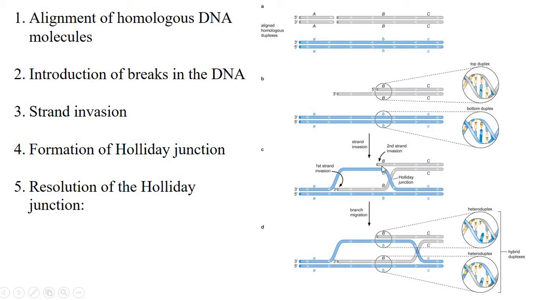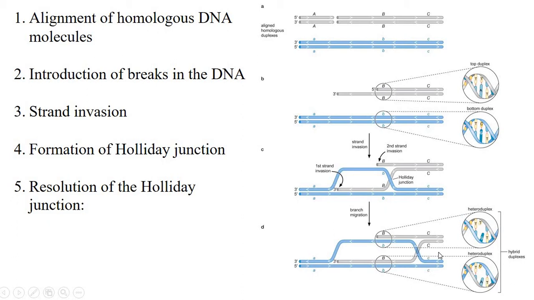Once this is formed, the DNA polymerase will fix this portion, using this DNA molecule as a template. Then, during resolution, the Holliday junction will move apart. Here you can see it's close to the B gene, and as the Holliday junction moves, it gets closer to C, and eventually it finds the right sequence.